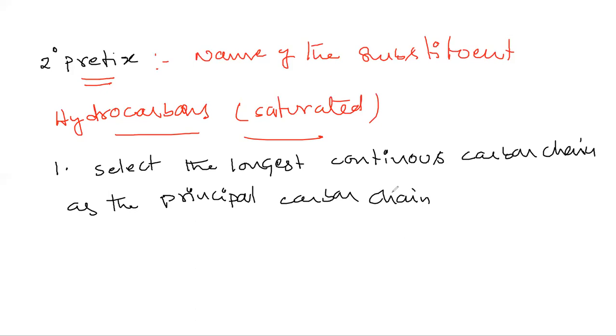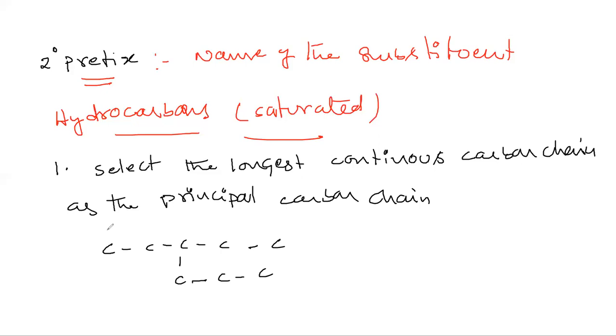It means you should select a carbon chain with as many carbons as possible. For example, suppose I have a chain of carbons. If I want to select a carbon chain, it should contain the maximum number of carbon atoms.